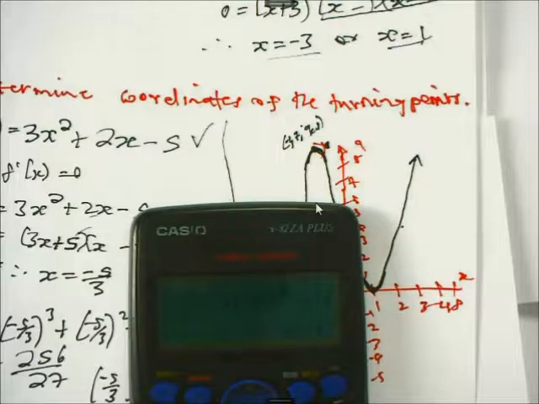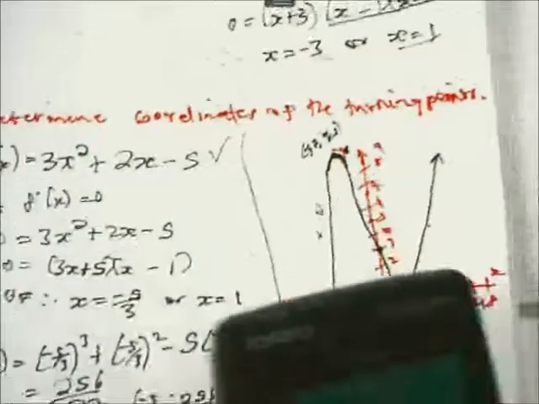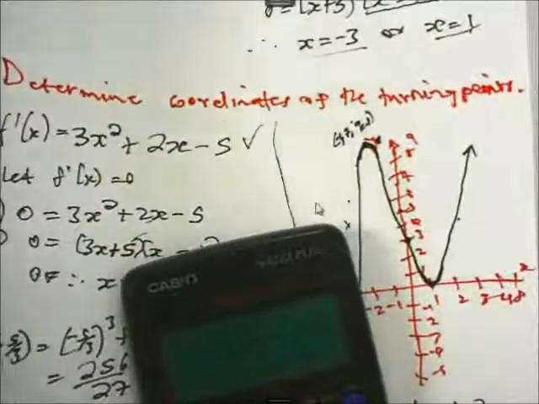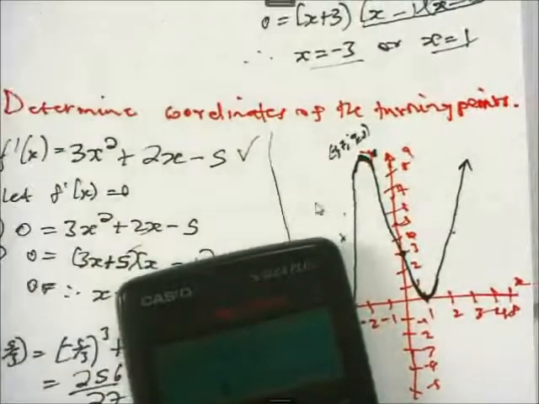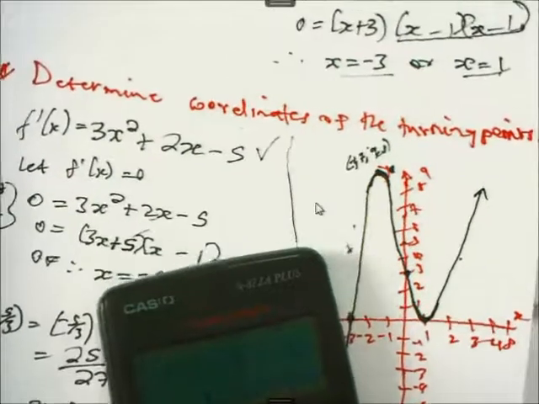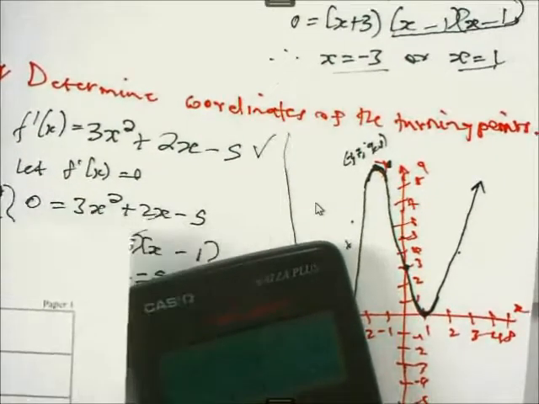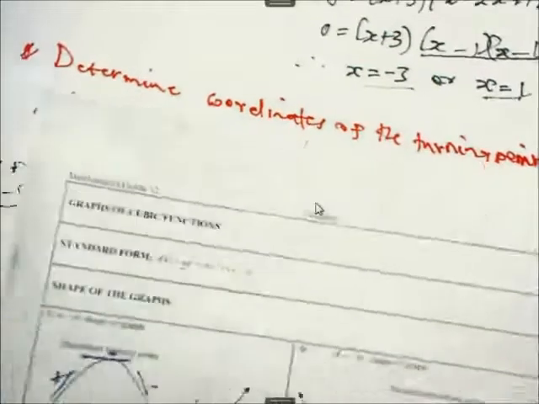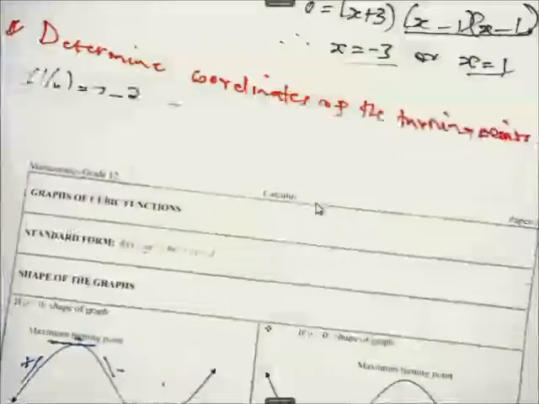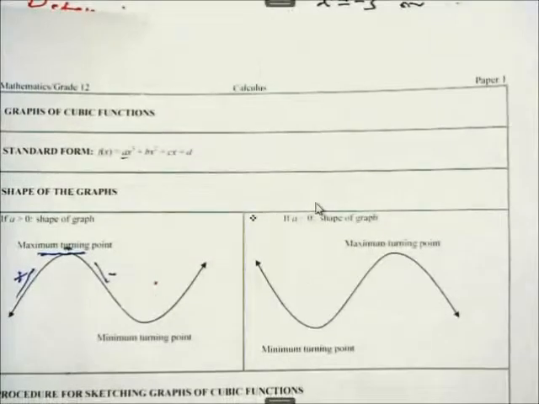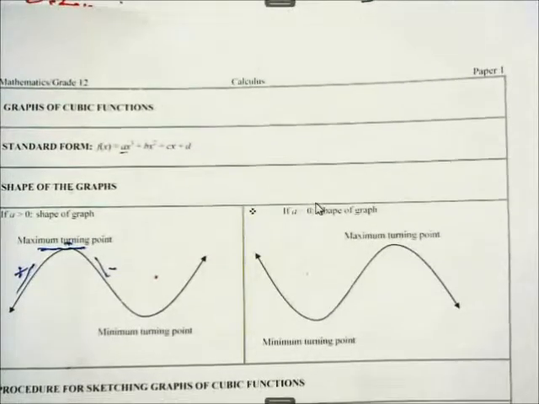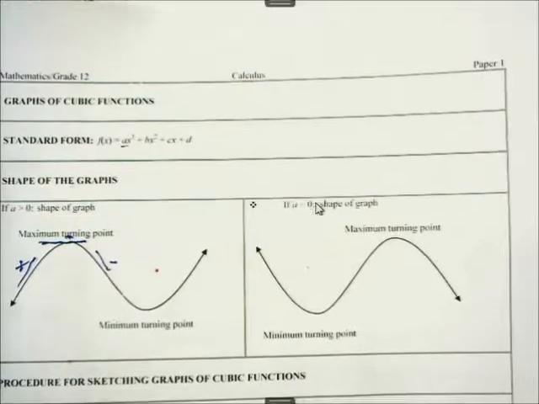Right. Of course, boys and girls, here there is another question. Like I said earlier on, at the beginning, how do we determine whether a cubic function is negative or positive without having the equation? Right. Of course, first of all, if you don't have the equation, you will have the graph. If the equation is not there, you will have the graph. Of course, on that graph, we can ask you to determine the equation thereafter.